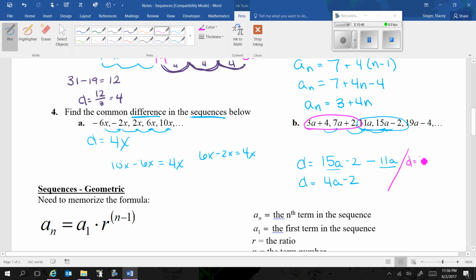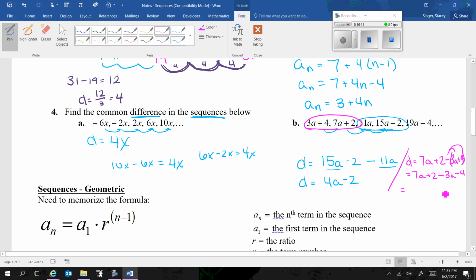It's going to be 7a plus 2 minus 3a plus 4. Well, what do you have to be careful about if you're subtracting a quantity? You need parentheses. So that would be 7a plus 2 minus the quantity 3a plus 4, which is 7a plus 2 minus 3a minus 4. If I'm subtracting that quantity, I have to distribute my negative.